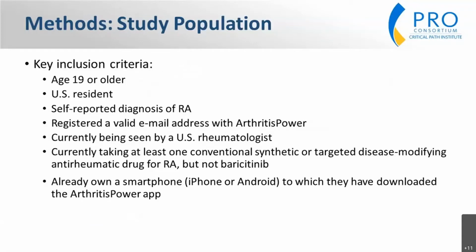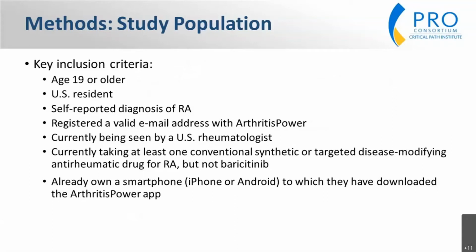So then, as I mentioned before, the study population was recruited from the Arthritis Power Registry, which is a registry of people living with about 17 different types of disease states, including rheumatoid arthritis. For the study, we only looked at and recruited from the RA population.